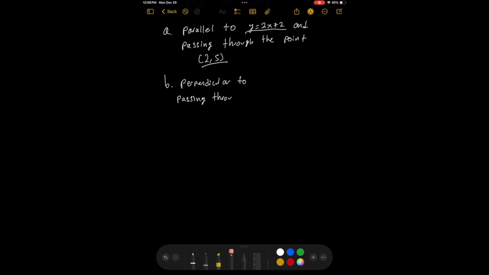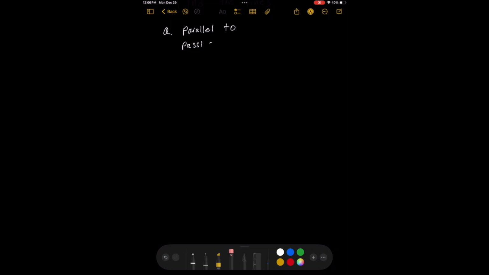Now I want to introduce one more thing, and while this is pretty important when it comes to lines, and this is the idea of systems of equations. So previously, we've been solving for equations of one variable, and you couldn't really find equations that had two variables in them.